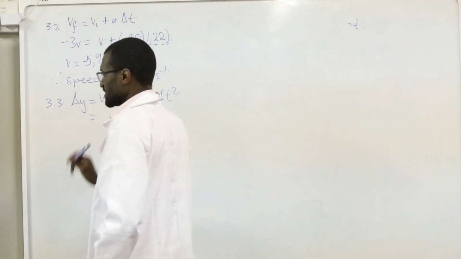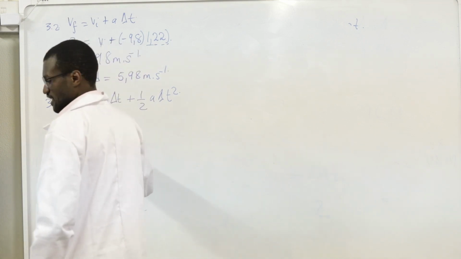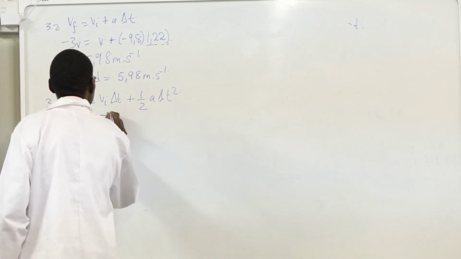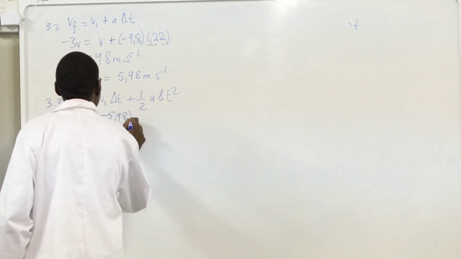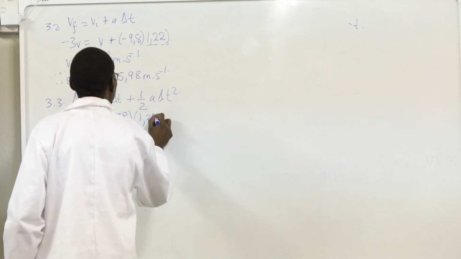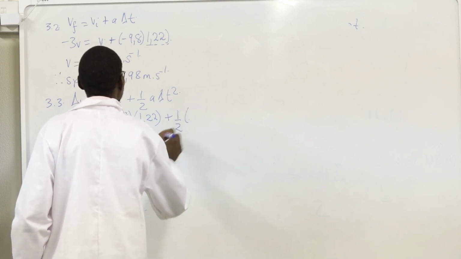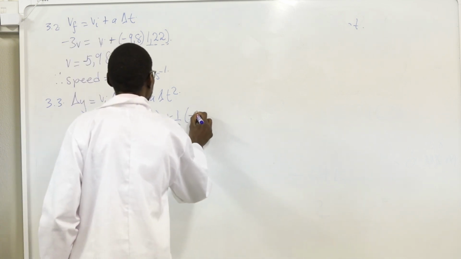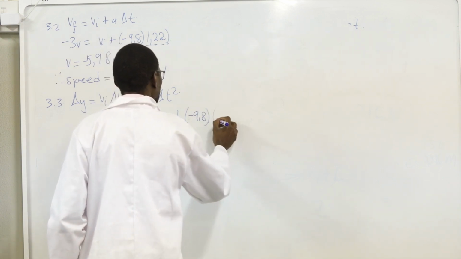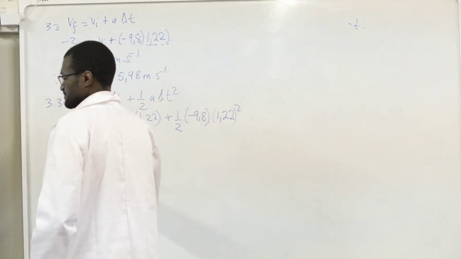So therefore, change in y is equal to our initial velocity, if I am choosing downwards to be negative, minus 5,98 times the change in time, 1,22, plus half times acceleration negative 9,8 times change in time 1,22 all squared.